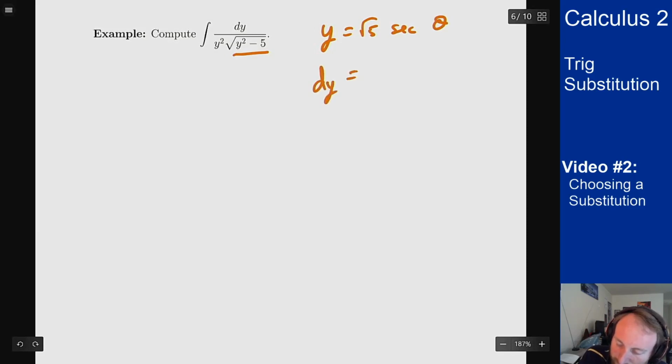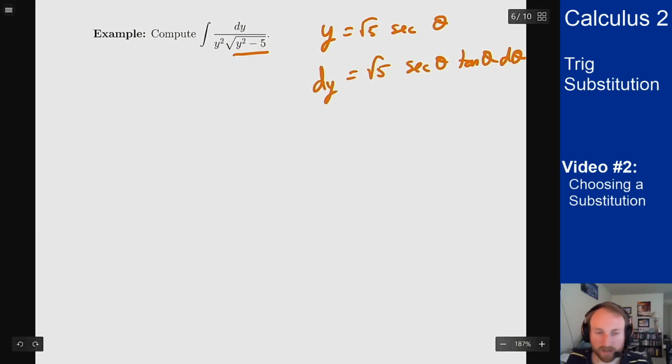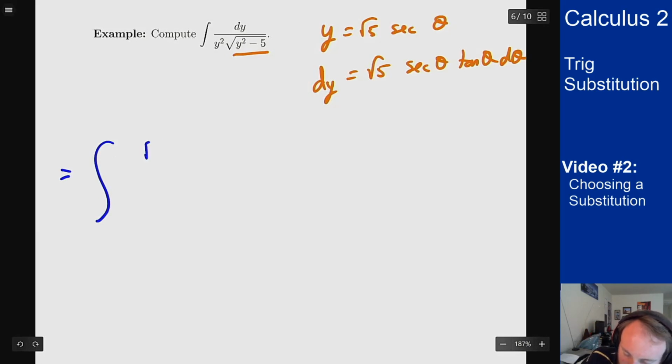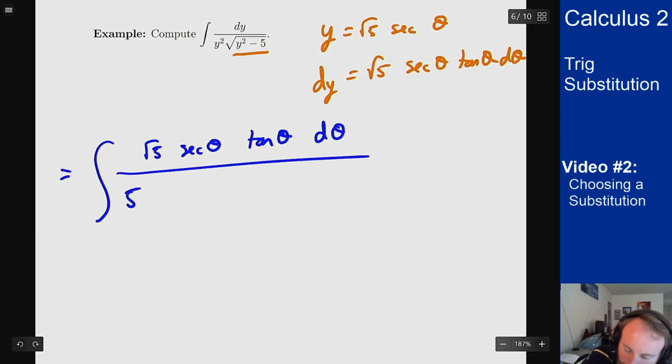Then dy is root 5 secant theta tangent theta d theta. Now let's plug all this in. I get the integral of dy, which is root 5 secant theta tangent theta d theta, over y squared, 5 secant squared theta, square root of 5 secant squared theta minus 5.